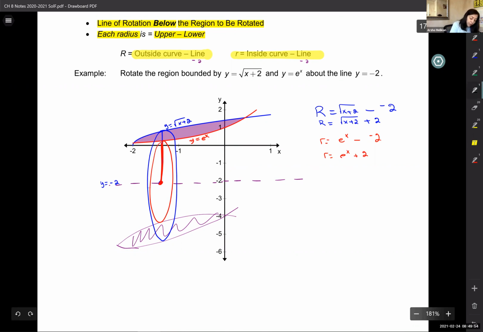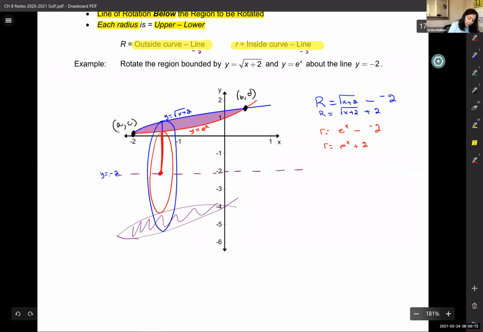What about points of intersection? You're going to use your calculator to do this. I'm not going to do it right now for the sake of time. But when you find the points of intersection, suppose this is A, C and B, D. Let's see what the volume will look like.